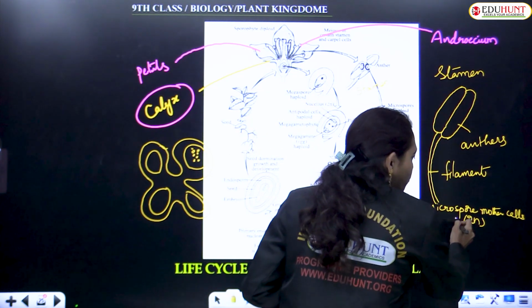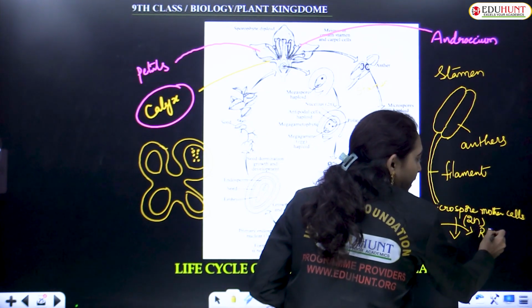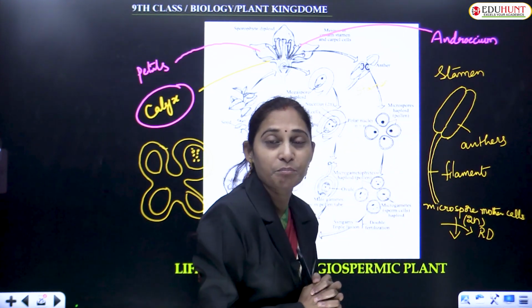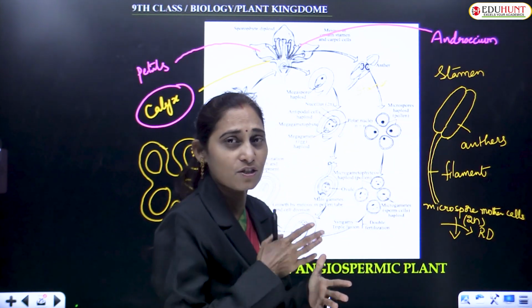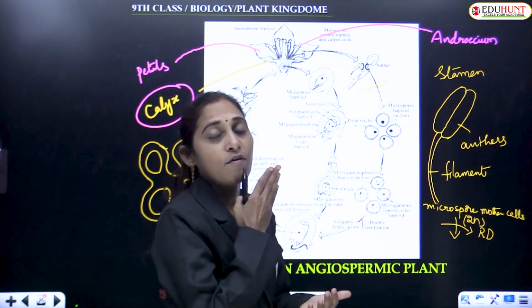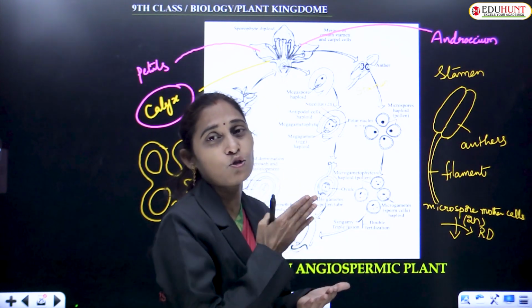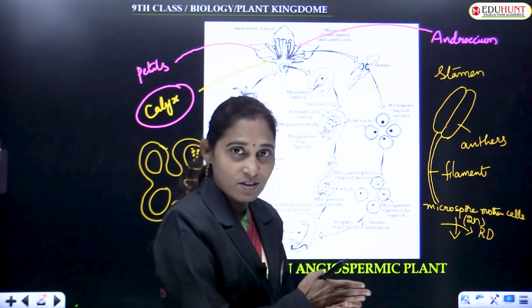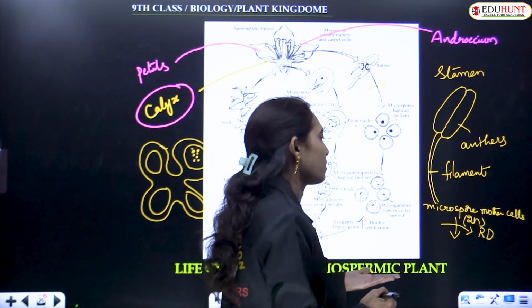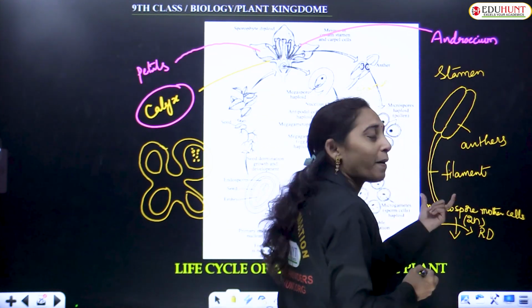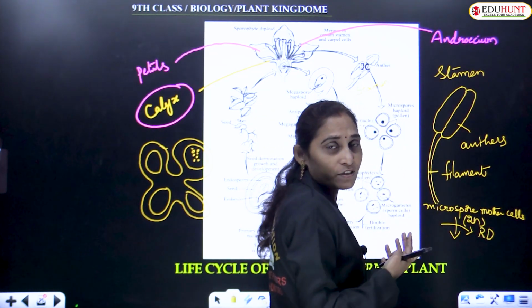And this microspore mother cell undergoes reduction division. Reduction division means meiosis. It leads to the reduction of the chromosome number to half, resulting in the formation of microspores. Each microspore mother cell undergoes how many divisions?